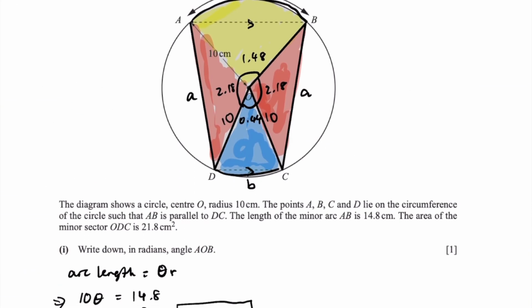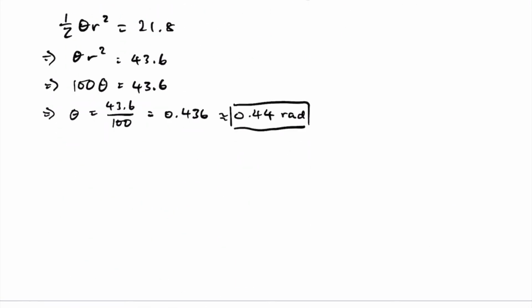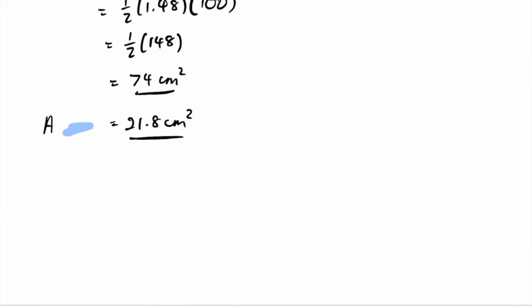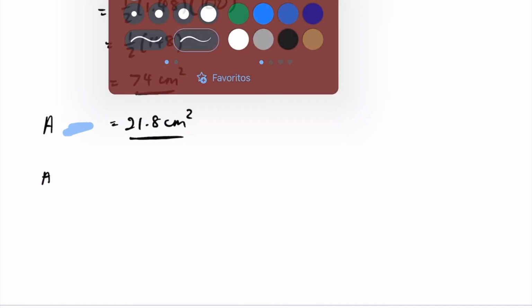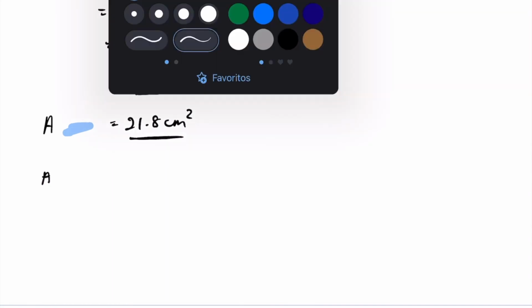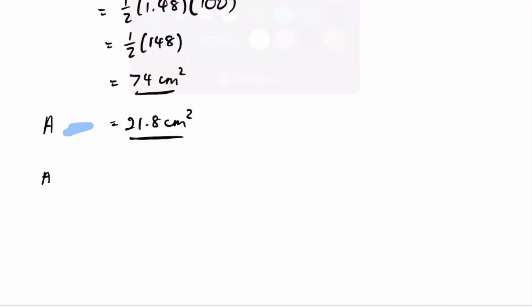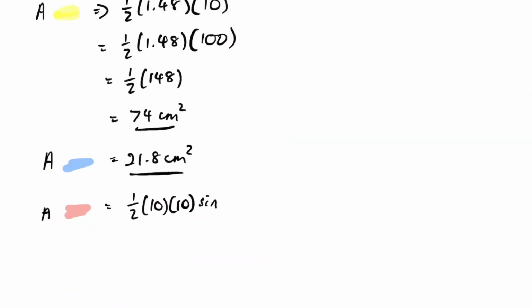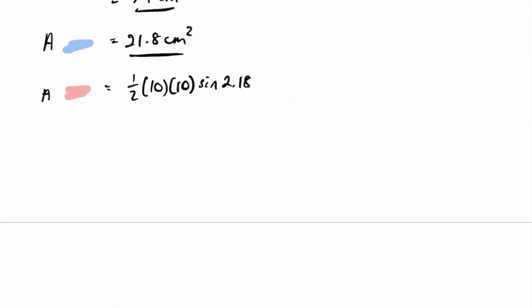Now we need to find red. For red, we can use the formula of a triangle, which is half ab sine C, with a and b both being 10 and C being 2.18. So let me just write that down. Area equals half times 10 times 10 times sine of 2.18.